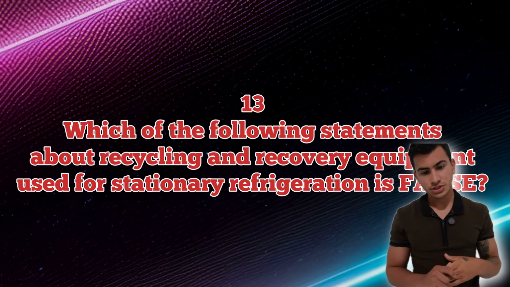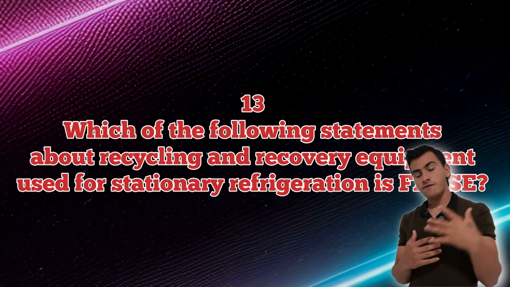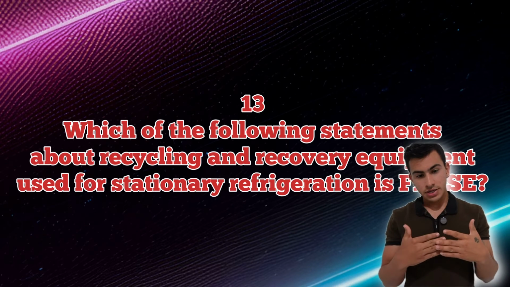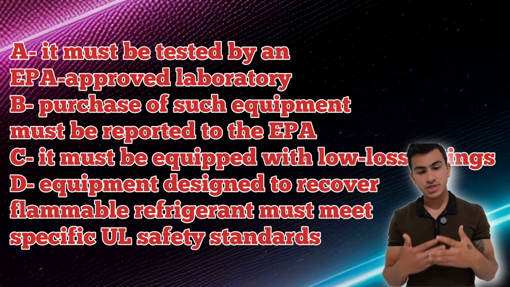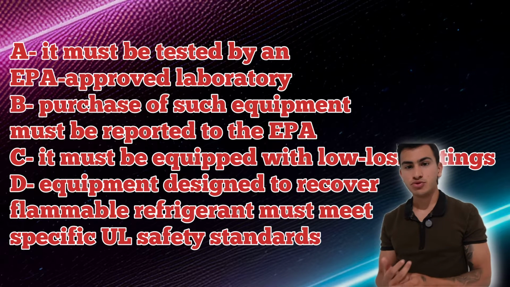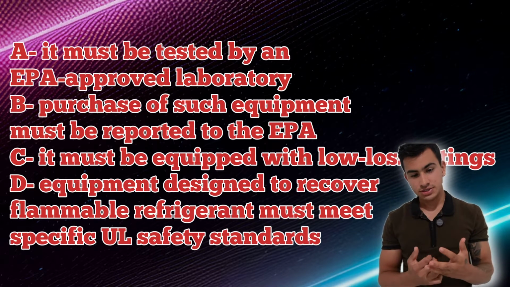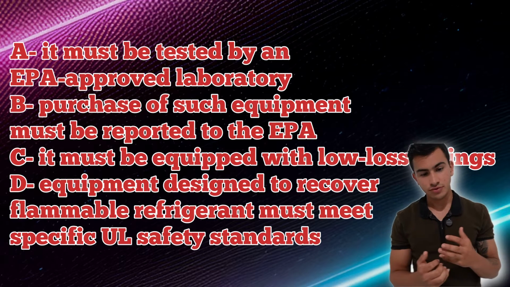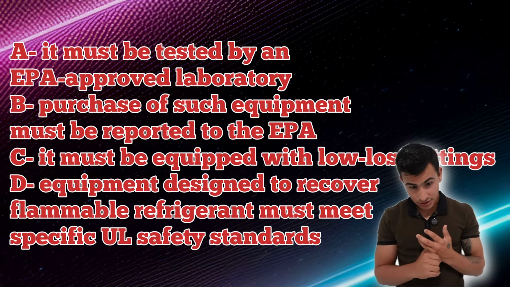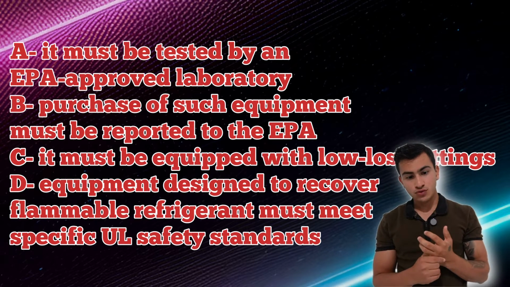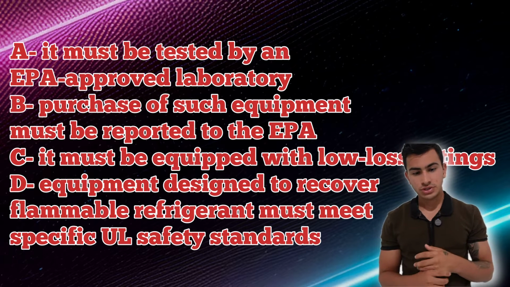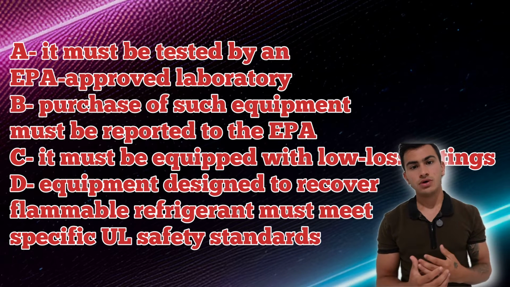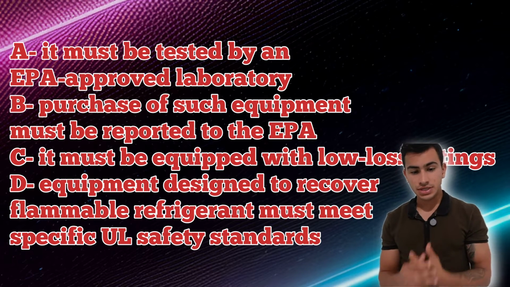So for this question, keep in mind it says false. So it must be tested by EPA approved laboratory. Yes, it does need to be tested by EPA approved laboratory. Equipment designed to recover flammable refrigerant must meet specific UL safety standards. Yes.